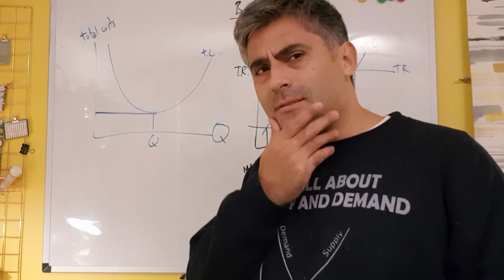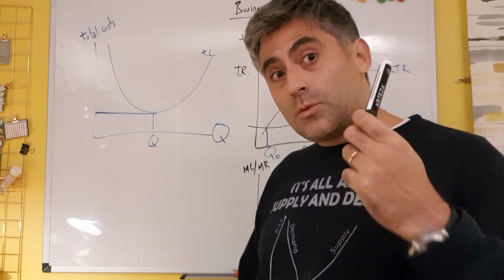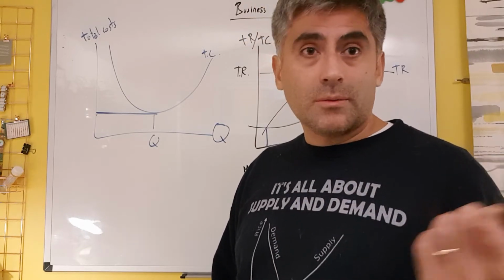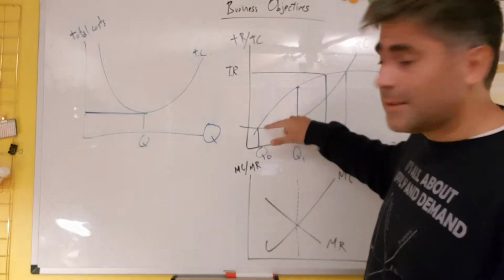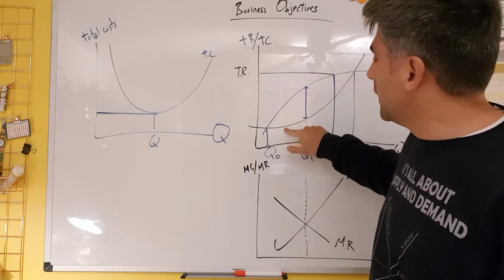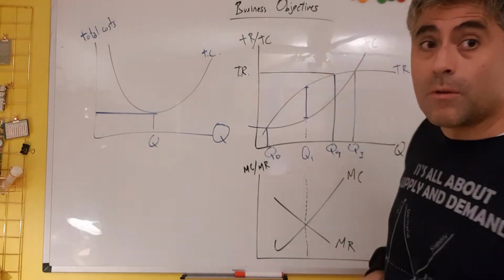You should know, because revenue is just quantity times price. And if I sold you one pen for £1, then that's the revenue. It's £1. So it's the amount coming in from sales. If I take away the costs, then I get my profit. So all this area here is our profit.